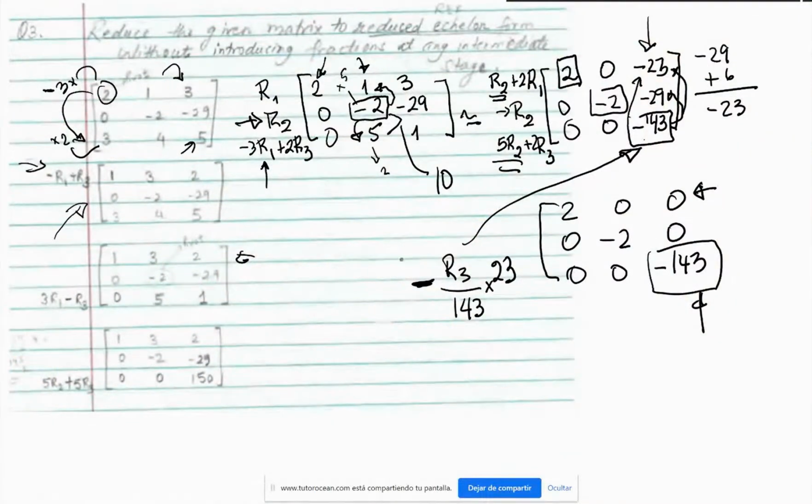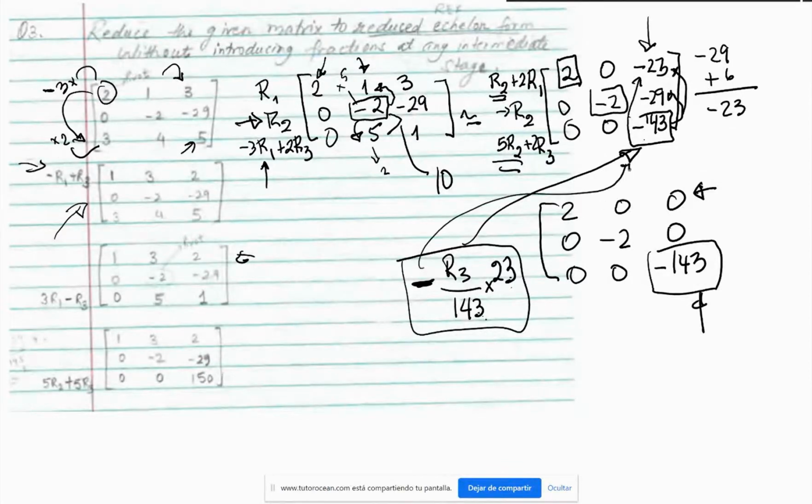Then this is the operation to get here. They have the same sign, so I get row 3 divided, this is a minus 1, and a minus times a minus gets a plus.